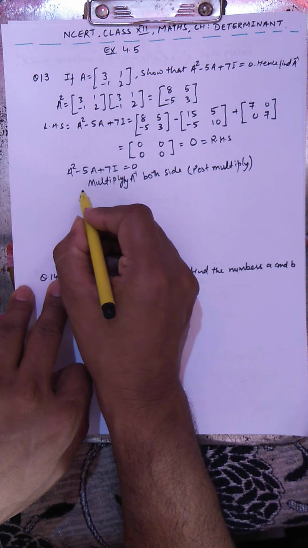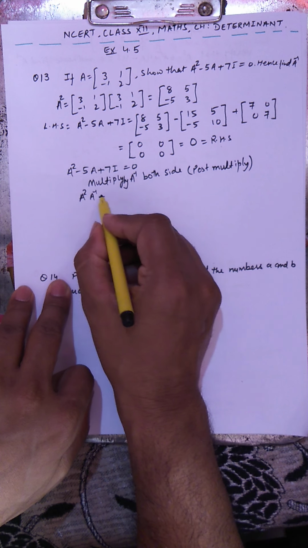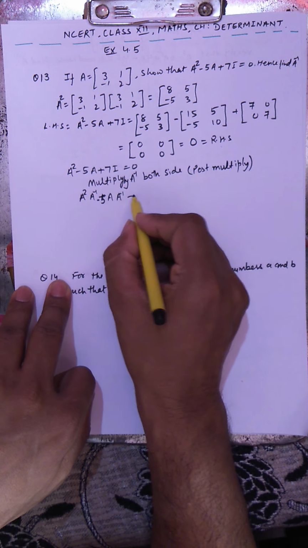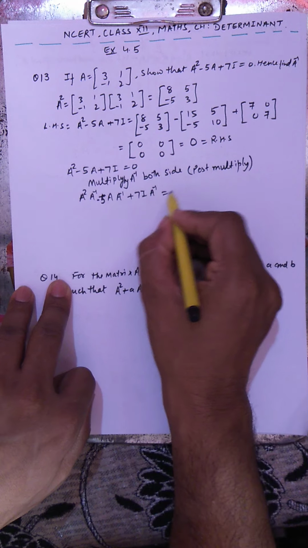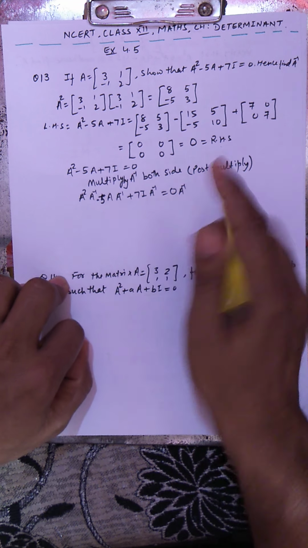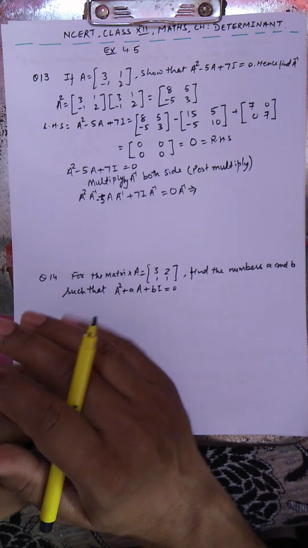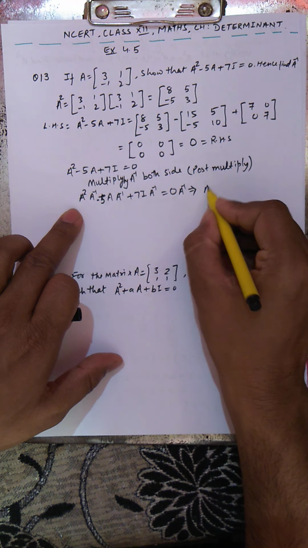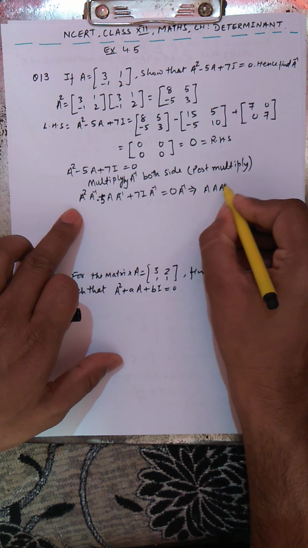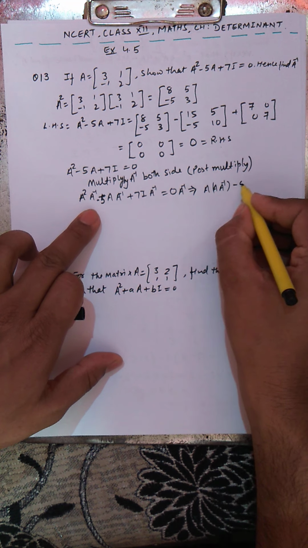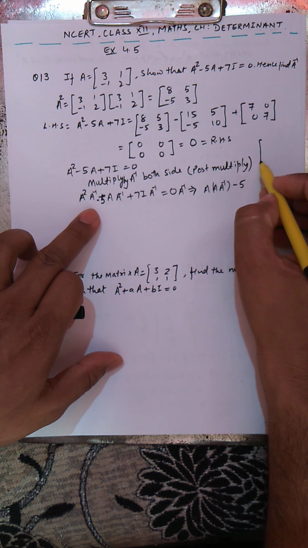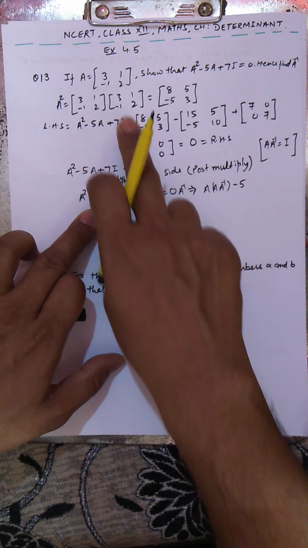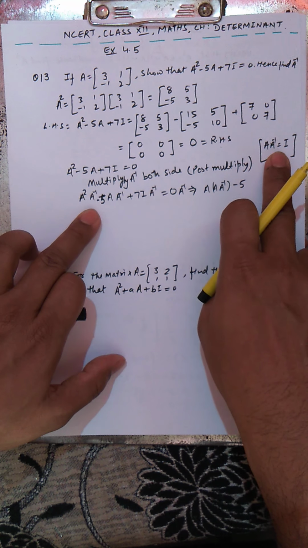So this becomes A square into A inverse, minus 5A into A inverse, plus 7I A inverse, and 0 matrix into A inverse. You know that a 0 matrix multiplied by any matrix, the answer is always the 0 matrix. Now A square can be written as A into A into A inverse, and minus 5A into A inverse, because you know A into A inverse is I. But we have to see whether this A inverse exists or not.